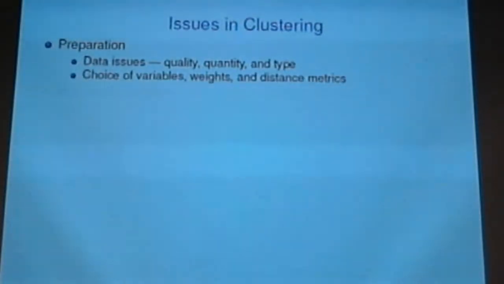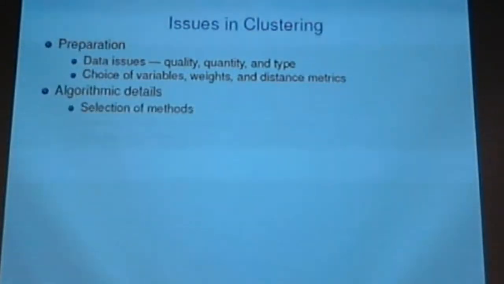Choice of variables and weights and distance metrics, these are all problems. And the algorithm details have something like the selection method. Okay. We talked about different types of linkage methods. Which one to choose? There's no definite answer, but if you look at the R implementation, the default linkage is complete linkage. And more or less, this is the one you want to try first. Okay.